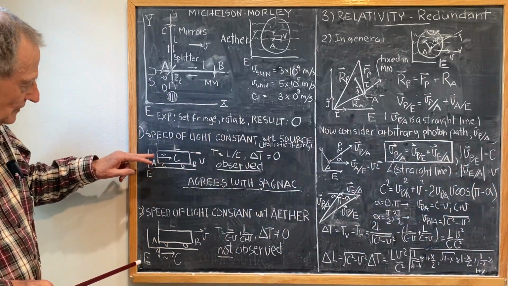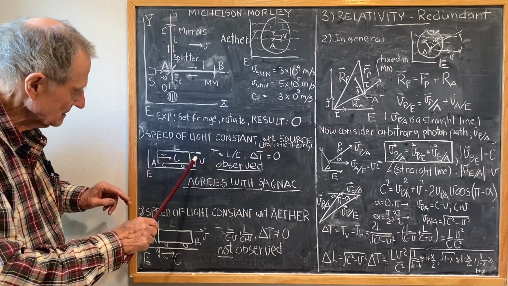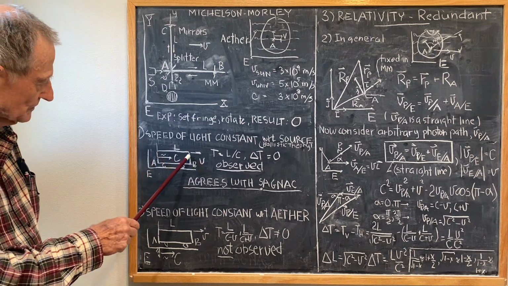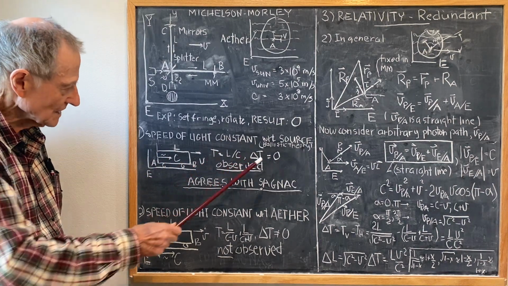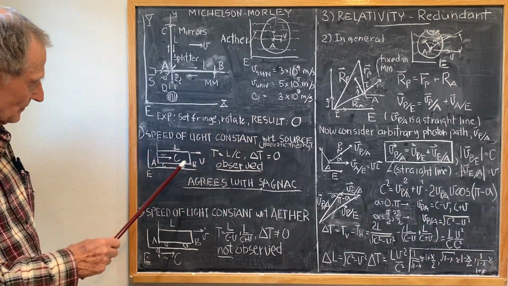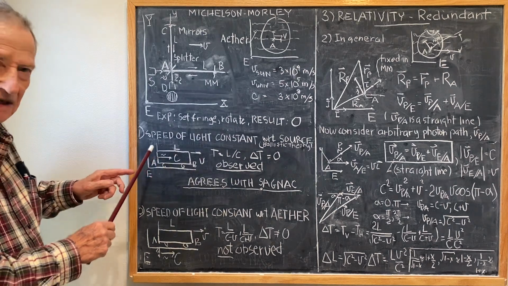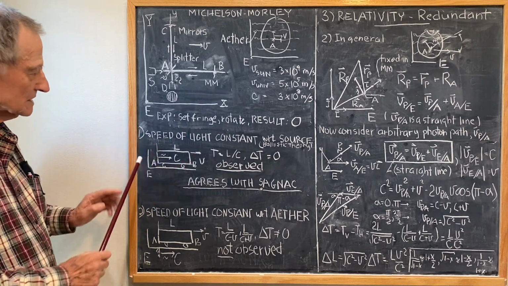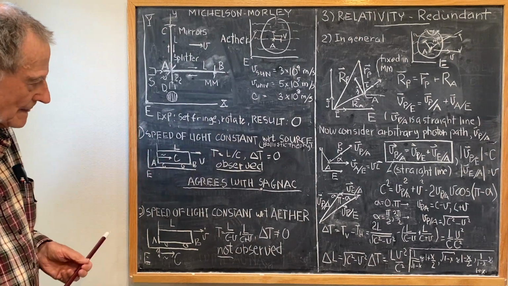And that c from here to here is constant no matter how fast the railroad car is traveling. So the time to travel each way is L over c, and the time difference is equal to 0, assuming that in the vertical direction the same thing happens. You don't see the outside velocity of the vehicle. It's just the velocity with respect to the frame.